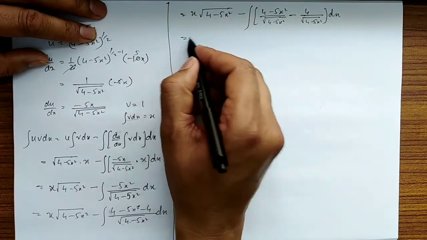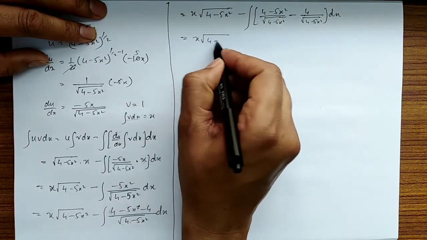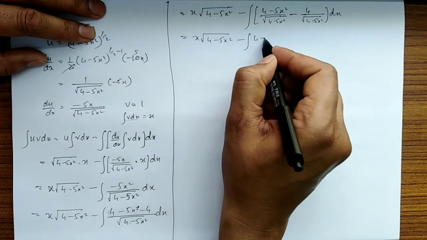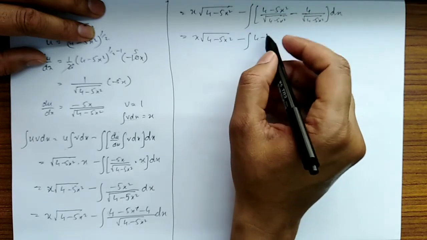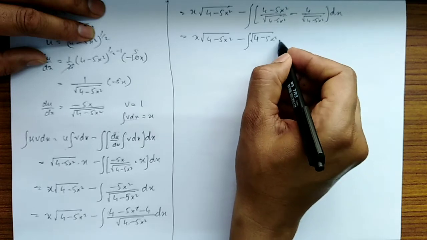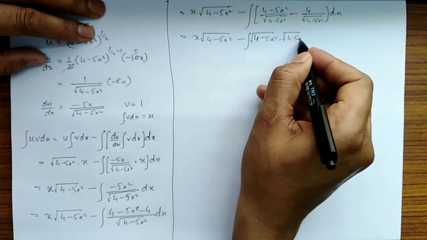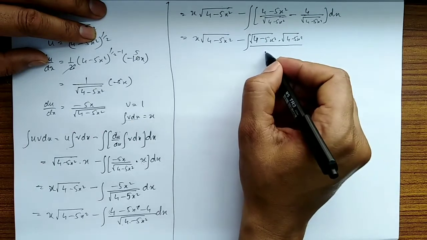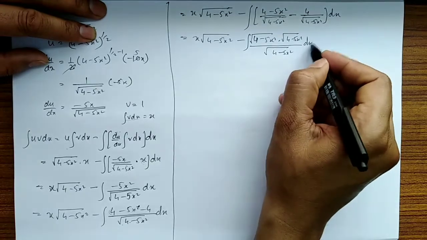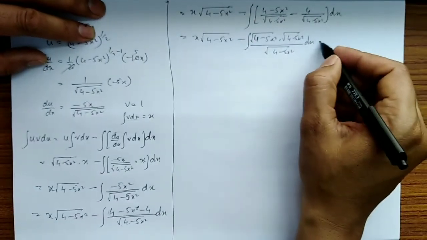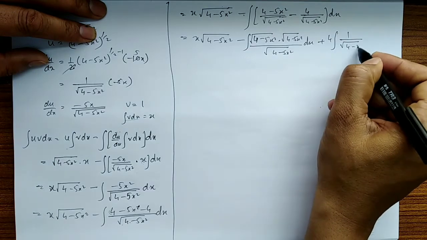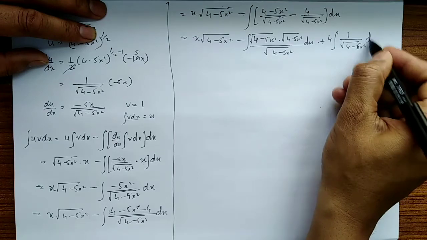And now, by applying the integral on each part separately, we have the integral of 4 minus 5x square into root of 4 minus 5x square divided by root of 4 minus 5x square dx, plus 4 into 1 upon root of 4 minus 5x square dx.